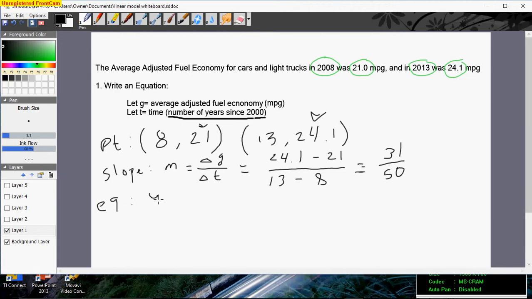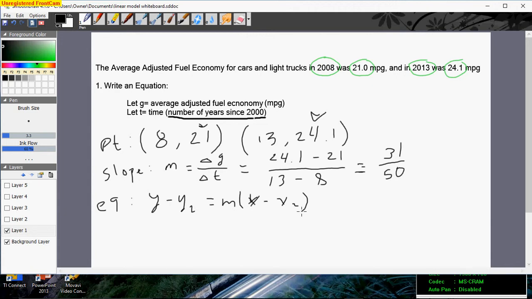Why waste time doing something that's harder? And if you remember, point-slope form is going to be y minus y sub 2 equals slope times x minus x sub 2. Now that's great, but again, x and y have nothing to do with what we're trying to represent here.